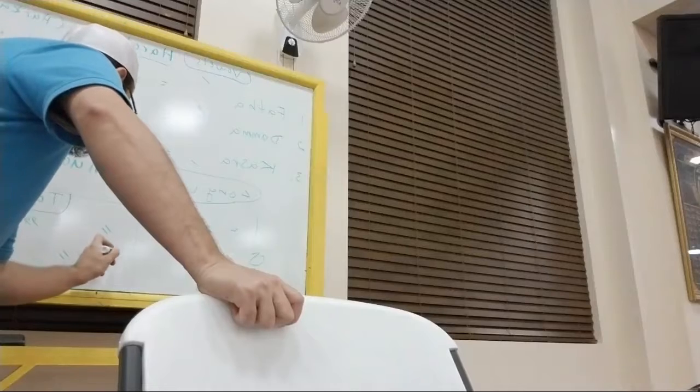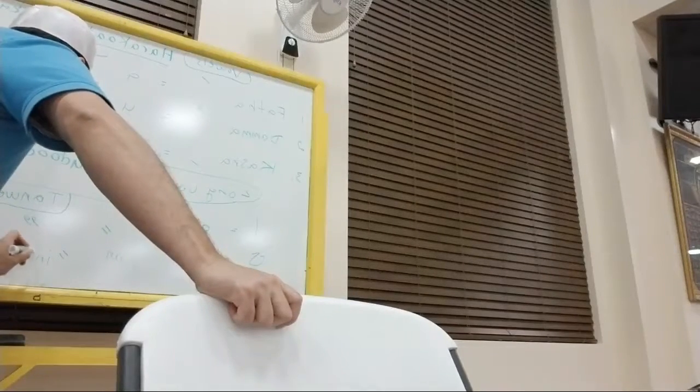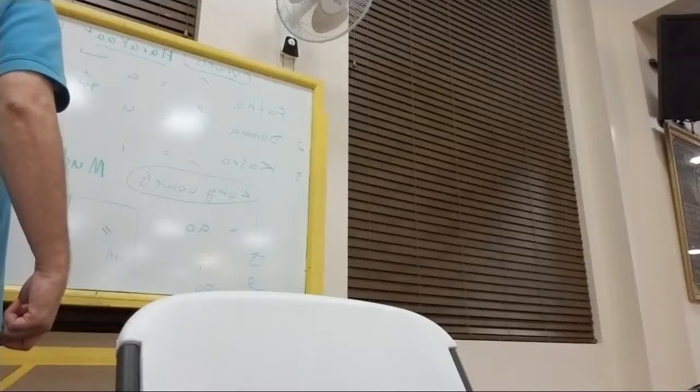So it will be like this: an, in, un. We practice with the ba. This is the short vowel, long vowel, and I'm going to do the Tanween with the ba too.